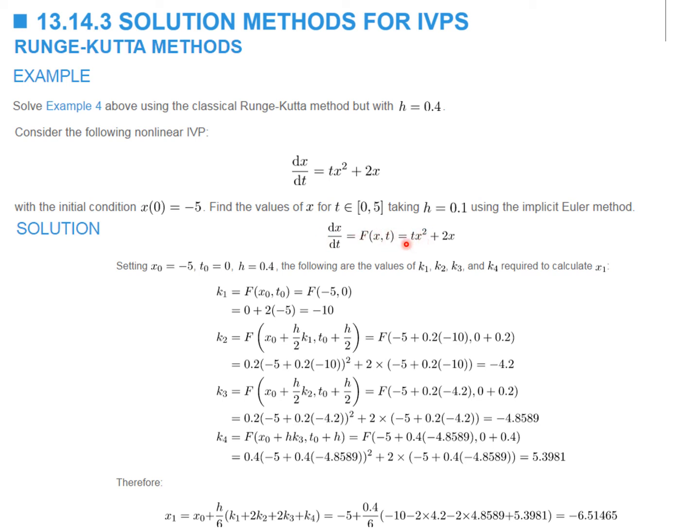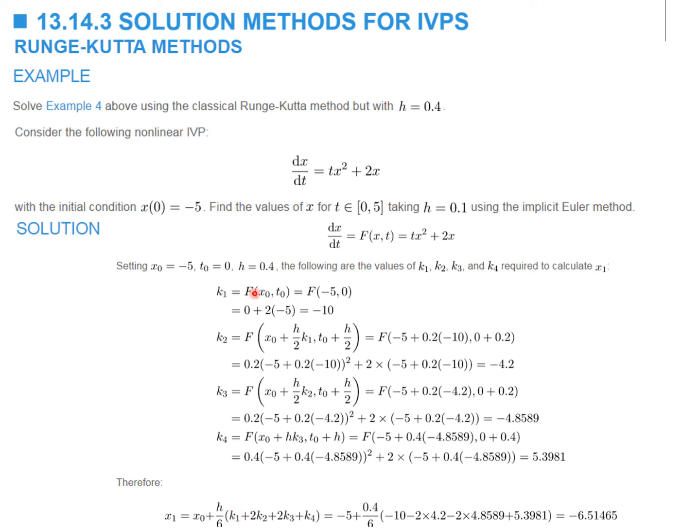We first start with the initial point when the time is equal to 0. x naught is equal to negative 5, and our time increment is equal to 0.4. The Runge Kutta method states that x sub i plus 1, which in this case is x1, is equal to x naught plus h over 6 multiplied by the sum of these slopes, which is some sort of a weighted average of these slopes.